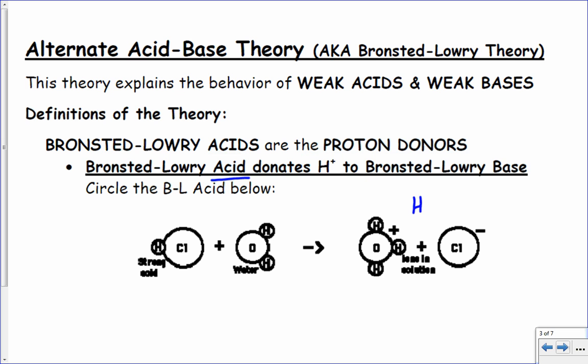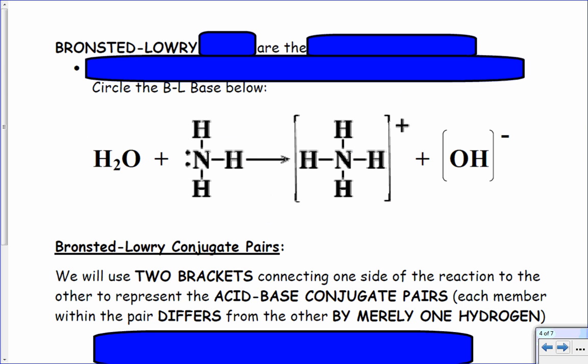The H plus leaves the Cl here, goes out, and then it hooks up with the H2O to make this hydronium ion. Remember, we discussed this before. H3O plus is synonymous with H plus. They work the same way. So I've now made H pluses in solution. HCl donated that H plus.